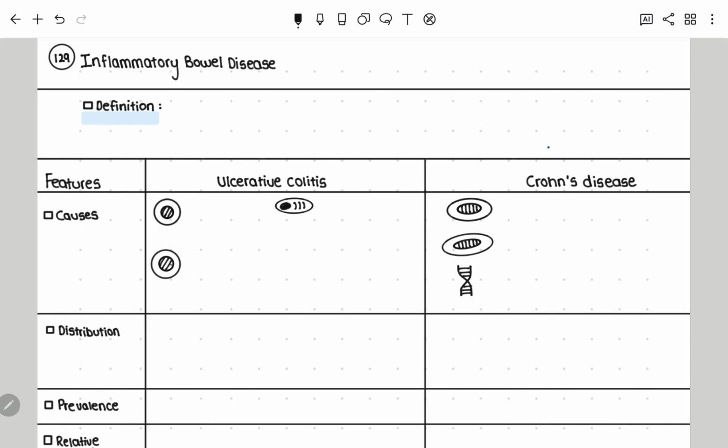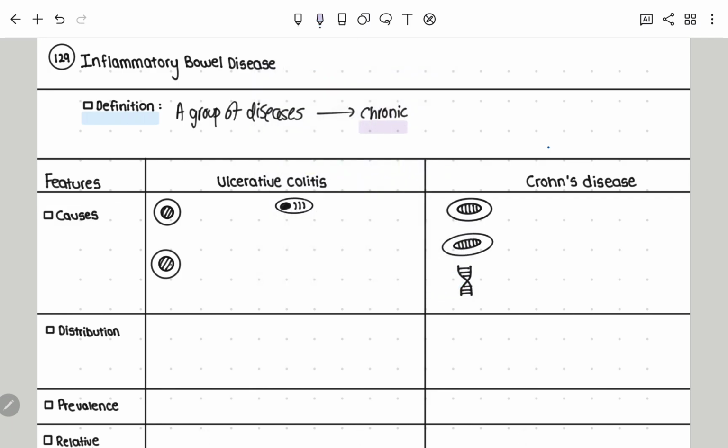So, inflammatory bowel disease, or what is it? Inflammatory bowel diseases, by definition, are just a group of diseases that are characterized by chronic. So that's an important word you need to remember.